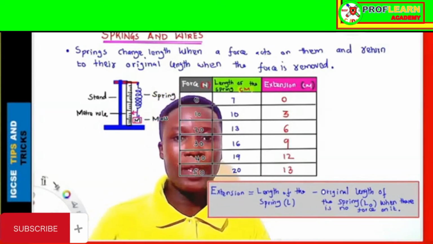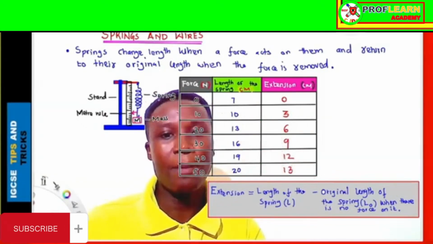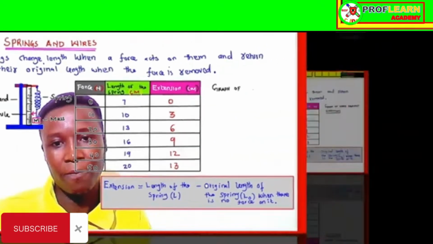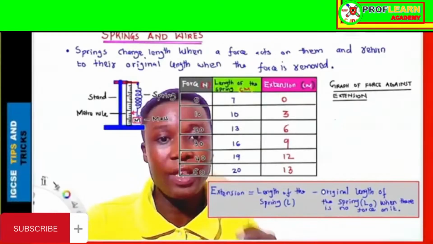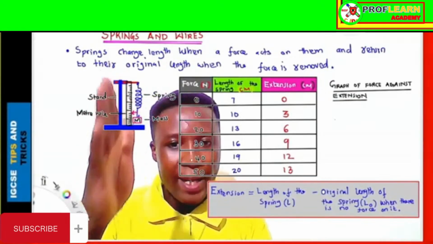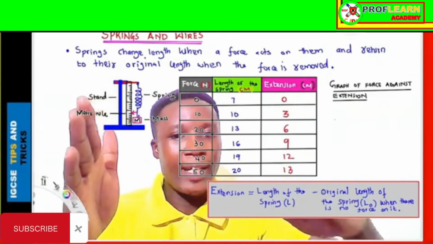Now, after we have obtained this information, we can draw a graph of force against extension. Anytime you are given a physics graph, you need to know what should be on the y-axis and what should be on the x-axis.